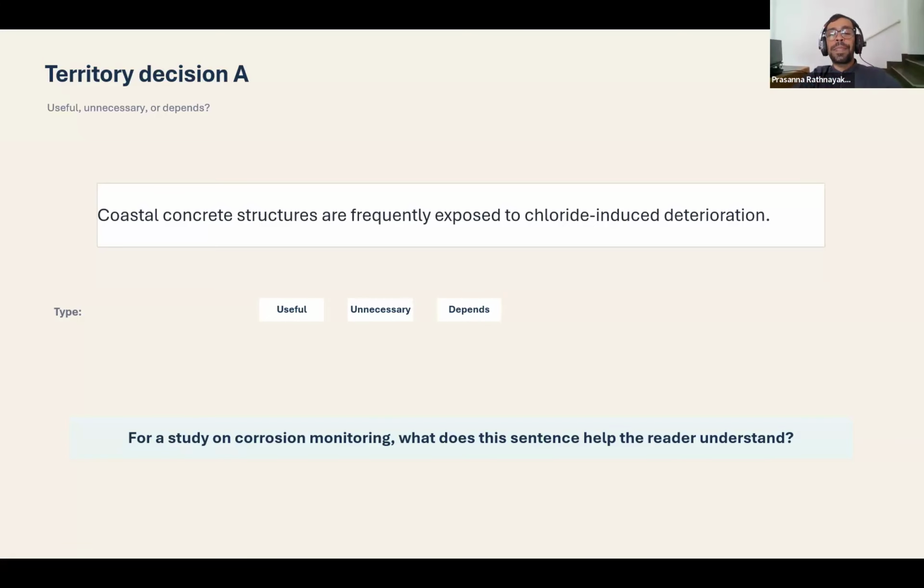However, even a useful sentence must be placed in the right scope. If the paper is already for a highly specialized corrosion journal, the writer may not need to explain too much. Now remember, what I'm referring to is, if this is written for a highly specialized journal in corrosion studies, your writer may not need to explain too much.